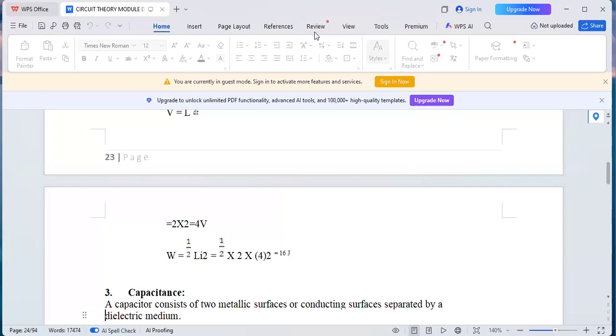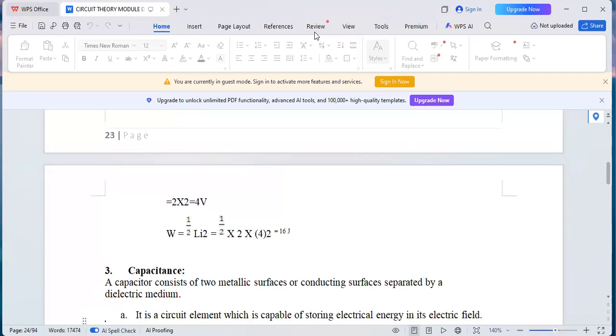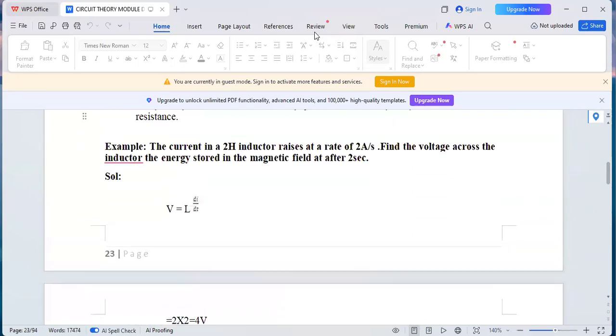That is the energy. Because here we should find the voltage across the inductor, then the energy stored in the magnetic field at 2 seconds.